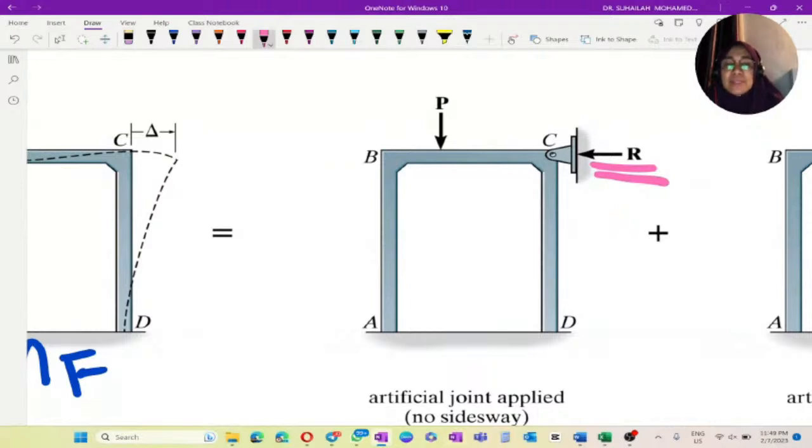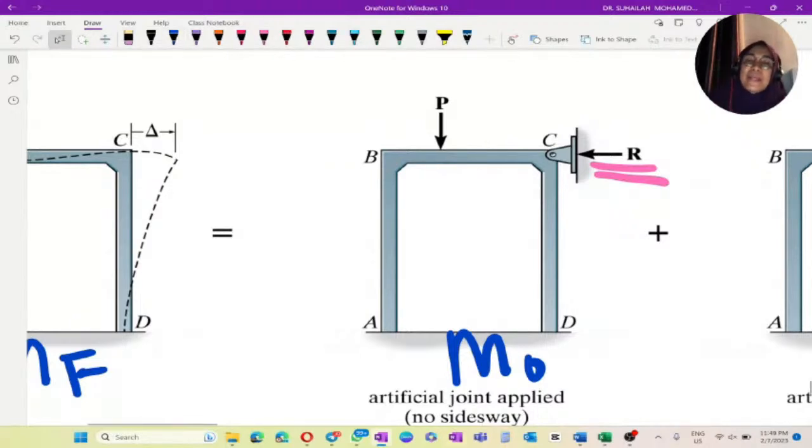From table number 1, we have labeled the end moment that we get as M naught. Please remember, M naught is only the half part of the analysis, where we get the value from external loading. Don't forget, we have another one, which is delta.